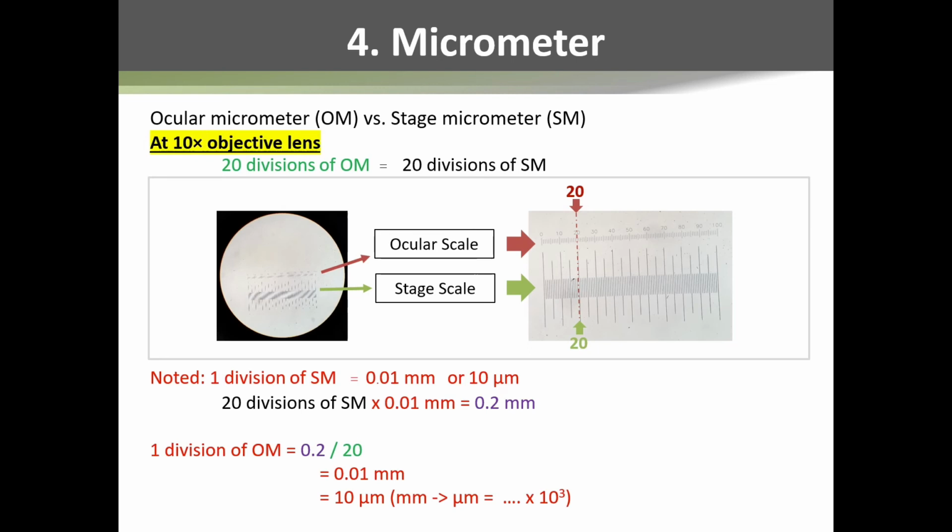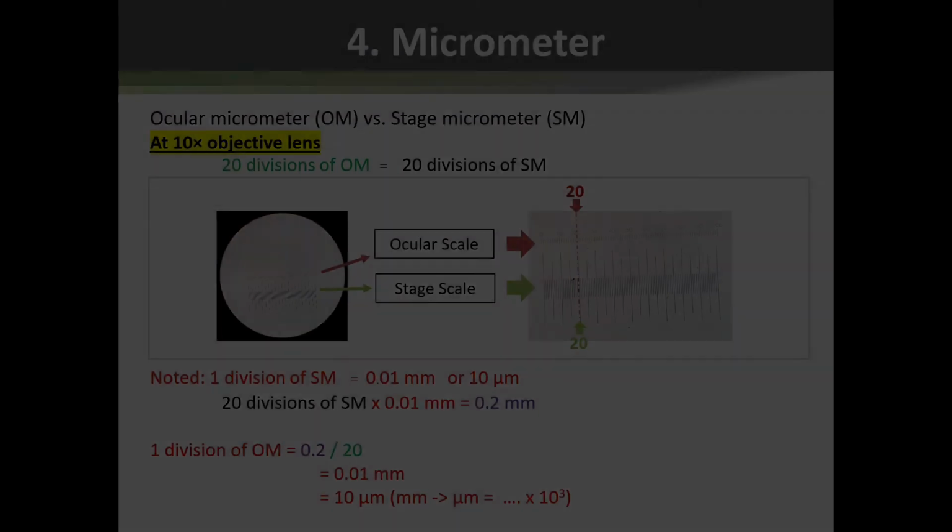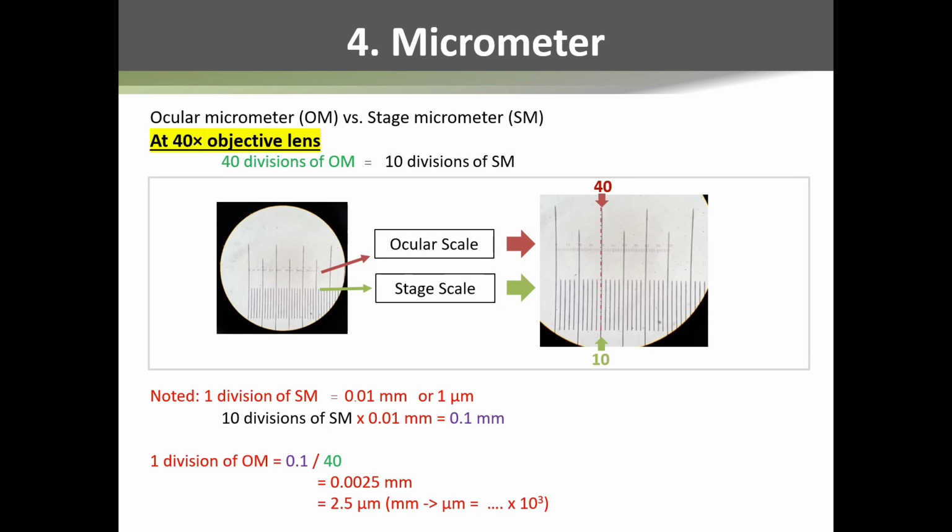We will calculate again for the high power 40x objective lens. At high power 40x objective lens, the ocular micrometer aligns above the stage micrometer in the picture. The stage micrometer is much more zoomed in. Here, the 40th mark of the ocular micrometer aligns with 10 divisions of the stage micrometer.